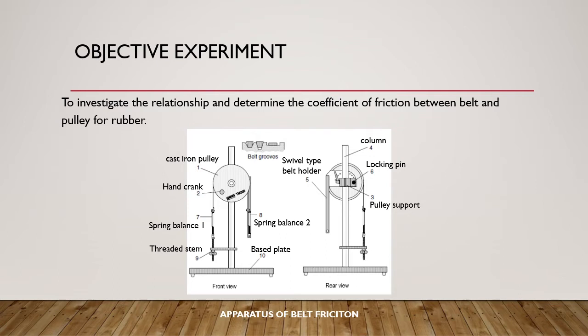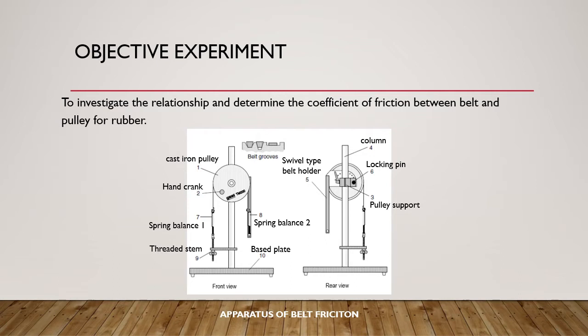for the rubber. As we can see, this is the apparatus of belt friction from the front view and rear view. We can see there are 10 apparatus parts that are important to perform this experiment. First is the cast iron pulley, with the hole for the rope. Second, hand crank.